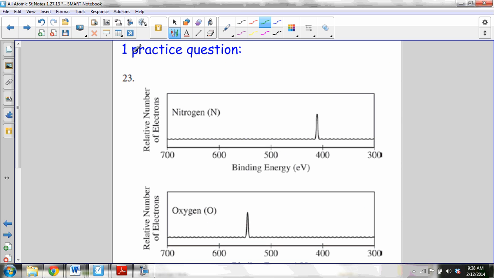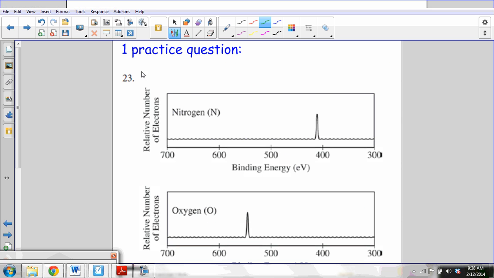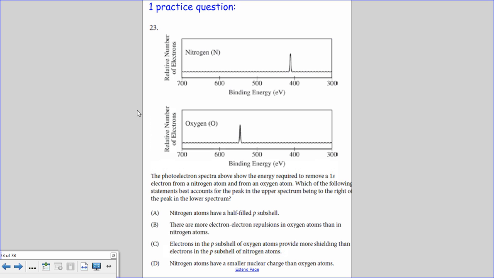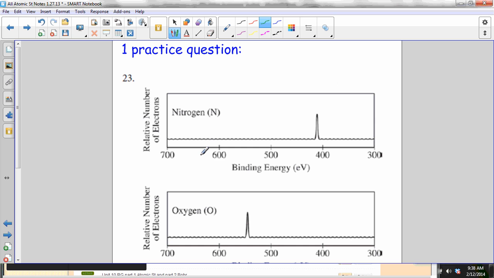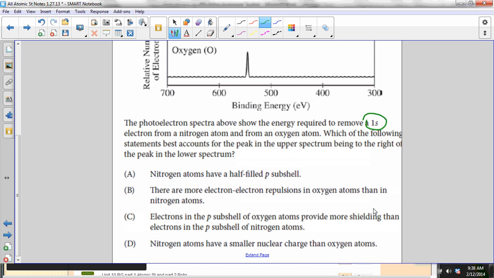All right, take a minute and look at this practice question. You've got nitrogen and oxygen. The photoelectron spectra above show the energy required to remove a 1s electron. So this is not a full spectra, it's just the 1s. Go ahead and see if you can figure this one out.